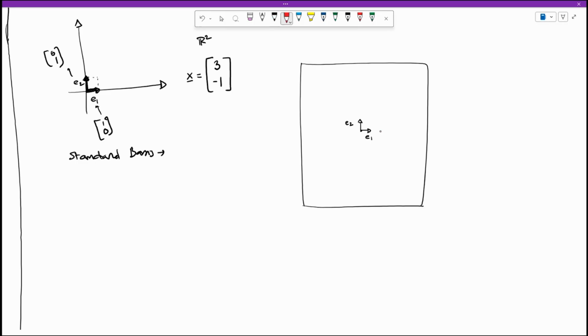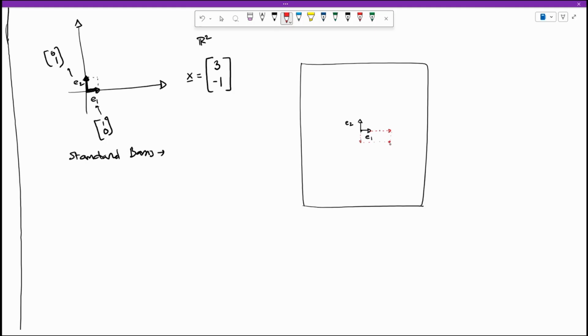That means I take this is 1 times E1, 2 times E1, this is 3 times E1, and then I take minus 1 times E2, and the sum of these two vectors gives me this vector x. If I add these two, I'm going to apply the parallelogram law of vectors.